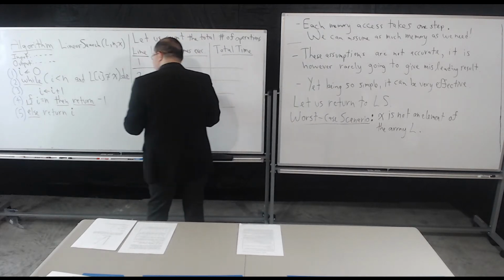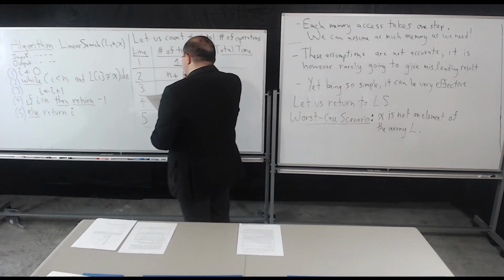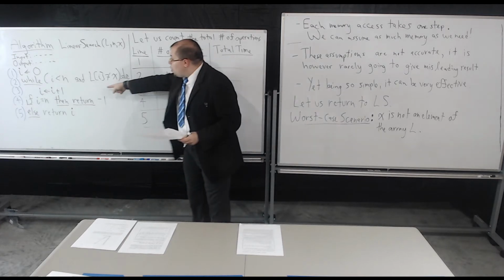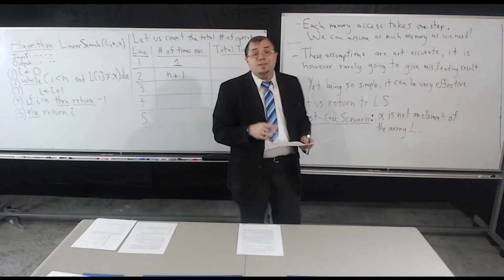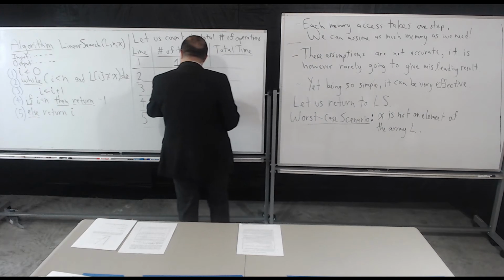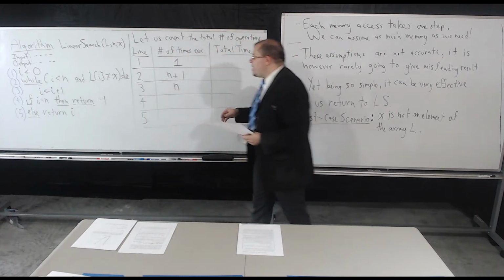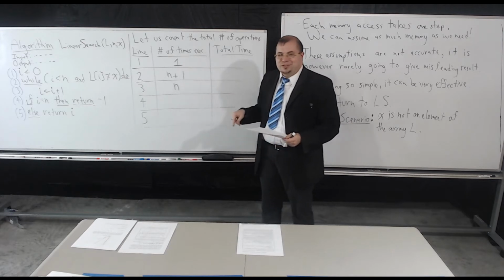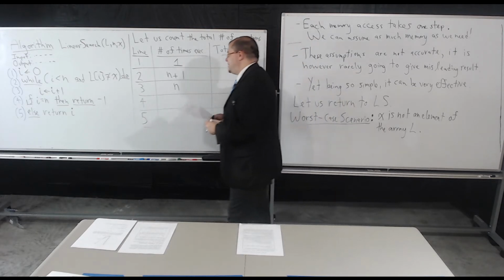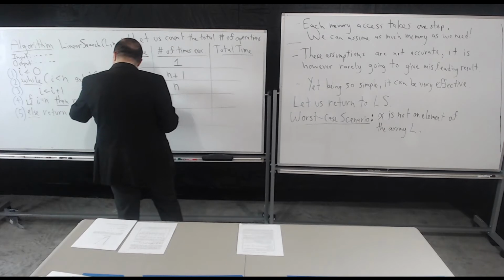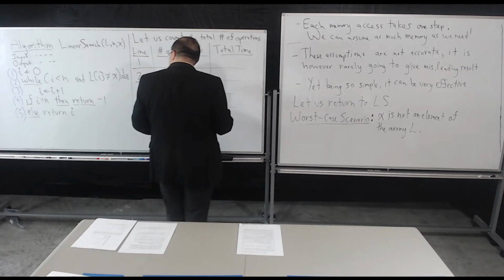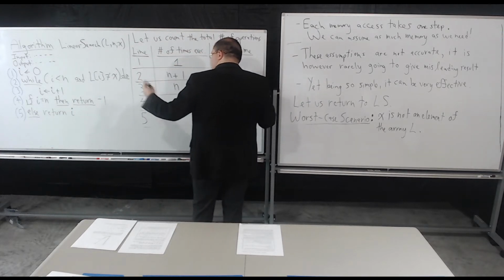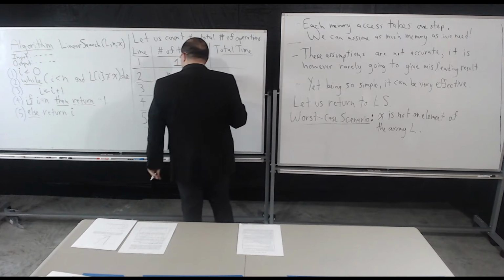Then, okay, let's think about this. How about line 3? Well, this happens only when that condition is satisfied, which was n times, right? You'll find very often when you're doing this type of analysis that the lines inside the loops are more interesting to count than the conditions themselves. Then line 4. That's where we get i is equal to n, and then we return -1. So I'll just say it occurs once.